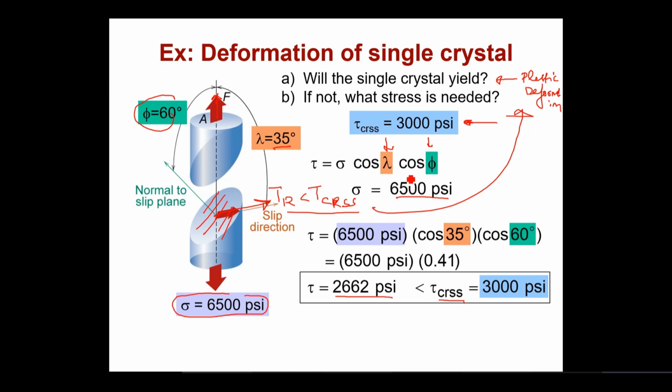If not, then what is the stress required? How can I find out the stress required to cause this deformation in the material? What is the value of this normal stress, which will cause plastic deformation in the material?